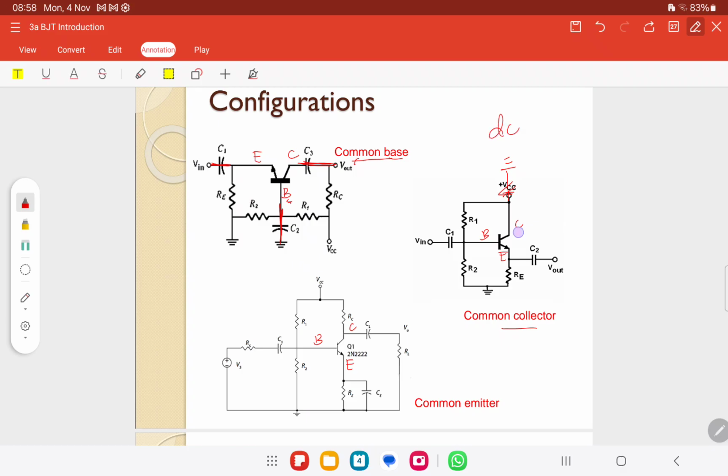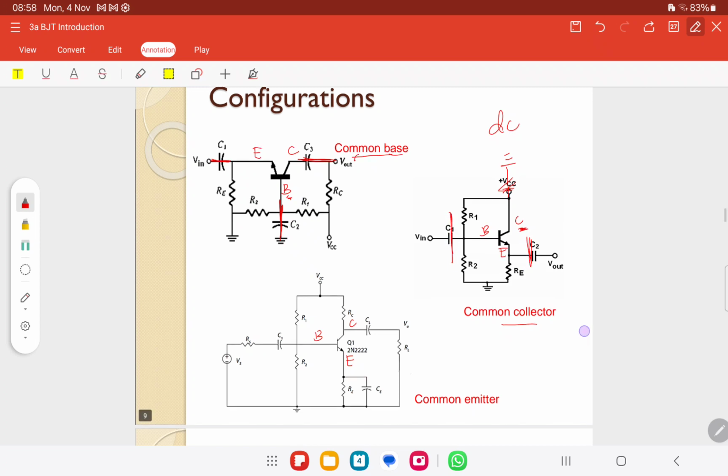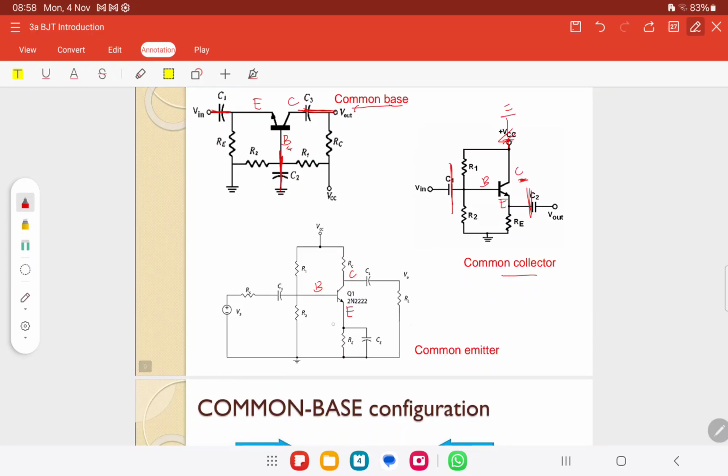Okay, that is why this one is connected to the ground, because this one will be open here. For common emitter, this one will be connected to ground, base, collector.